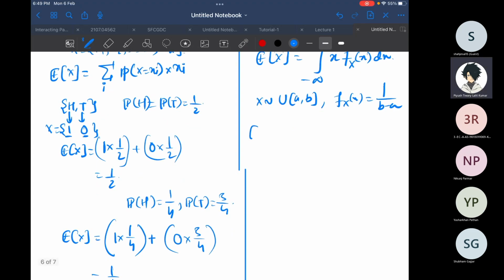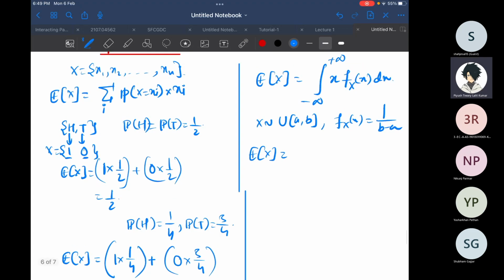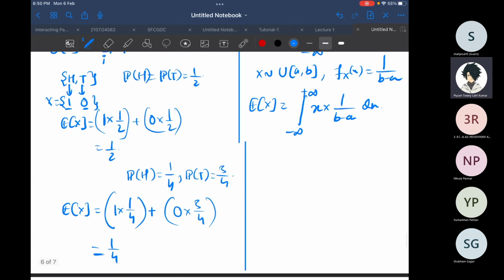So what is the expected value of x? If I plug these things into my formula, this is the integral from minus infinity to infinity of x into 1 over b minus a dx.